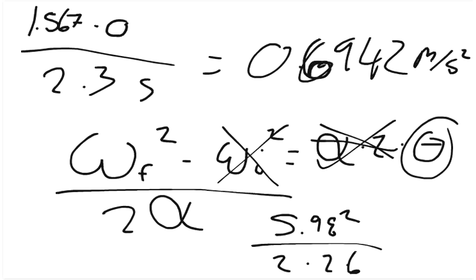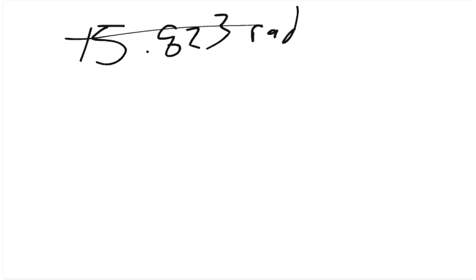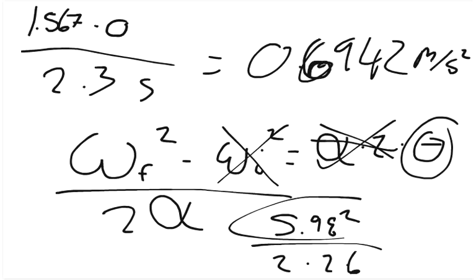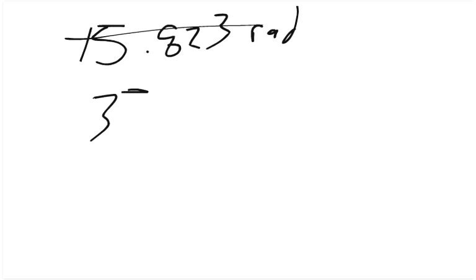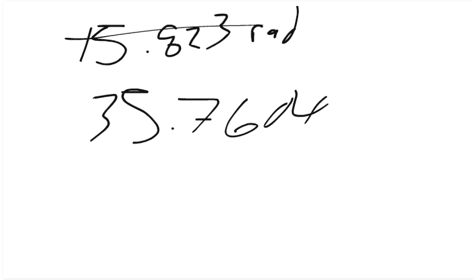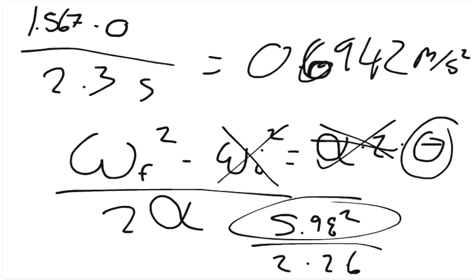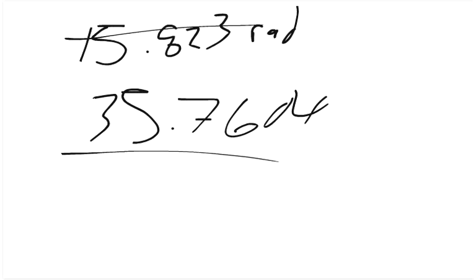Actually, I don't know why I wrote down 15.83. 5.98 squared is 35.7604, and that is divided by 2 times 2.6, which is 5.2.